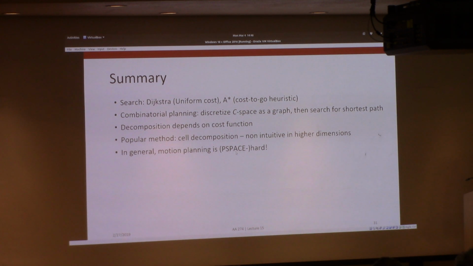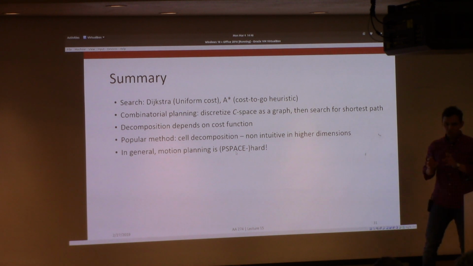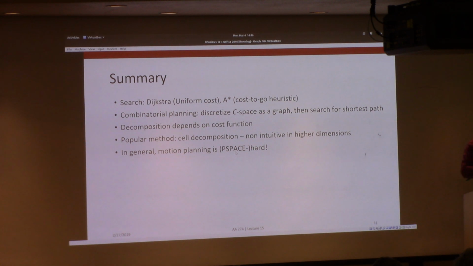So just to wrap up, we started with graph-based approaches, which discretize our continuous problem into a discrete graph by losing some resolution of the problem, which means that those techniques are usually not complete. Okay? They are not guaranteed to find a solution if one exists.